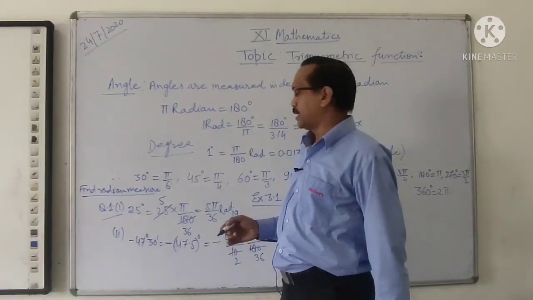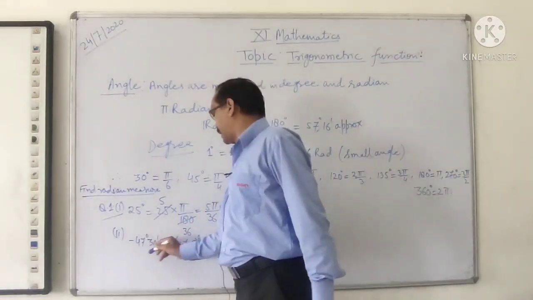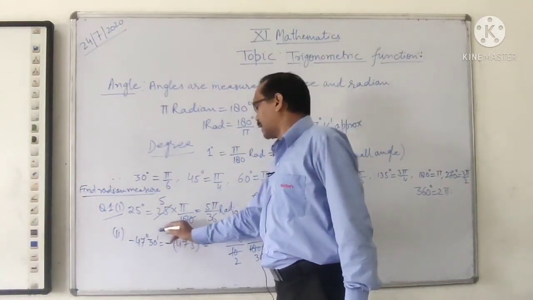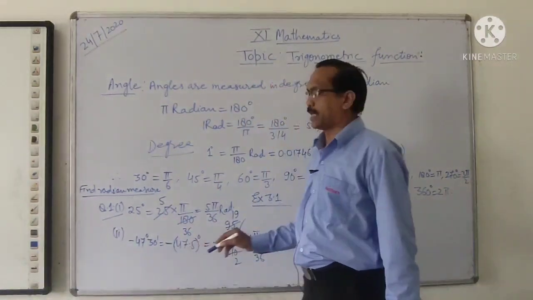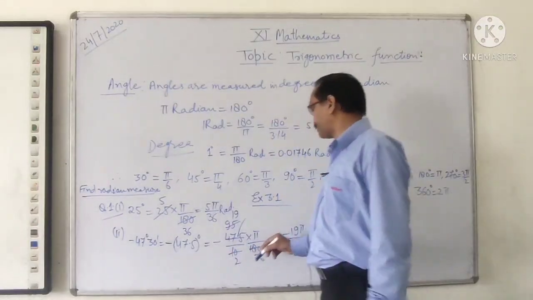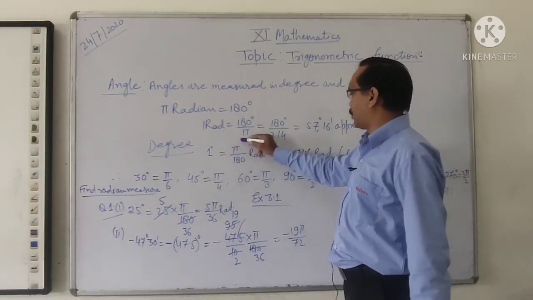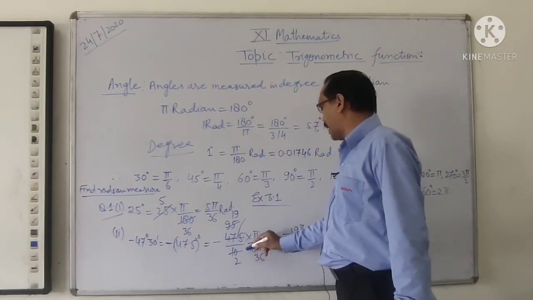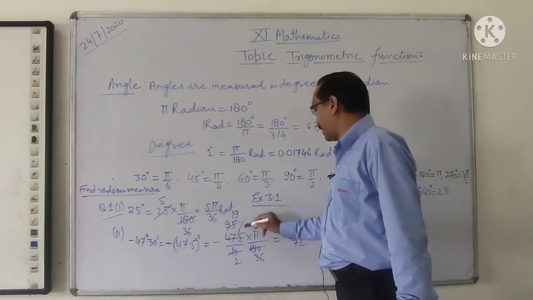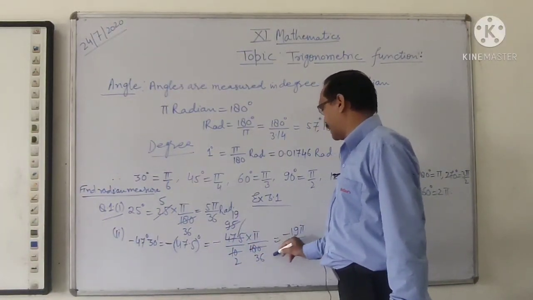Next is minus 47 degree 30 minutes. 30 minutes means 0.5 degree. So it is minus 47.5 degree. Now we will write 1 degree equals pi upon 180. So 47.5 upon 10, remove this decimal, so it is 475 upon 10 into pi upon 180.